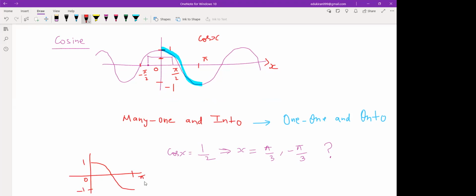So we will take cos x from 0 to pi, to minus 1 to 1. So this is the cos x graph. The point where it intersects the x-axis is pi by 2.